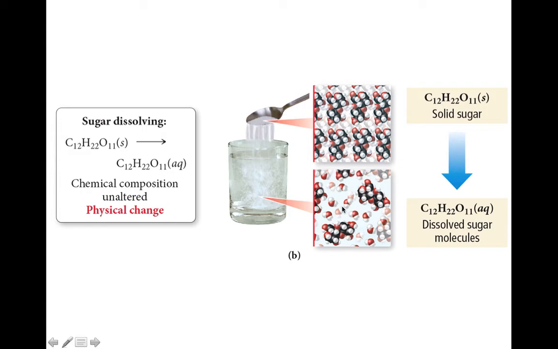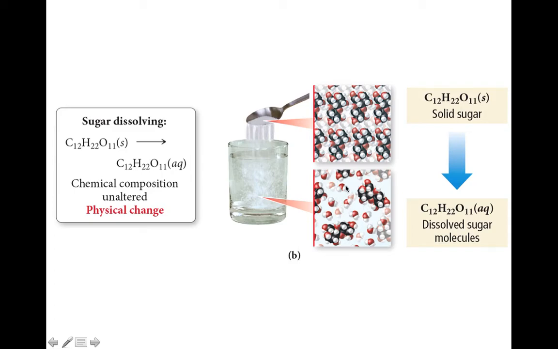All right, what about sugar dissolving? When sugar dissolves, you have an ordered array of sugar molecules, C12H22O11. That's really sucrose. All right, so you have the solid, and then it gets dissolved in water, right?